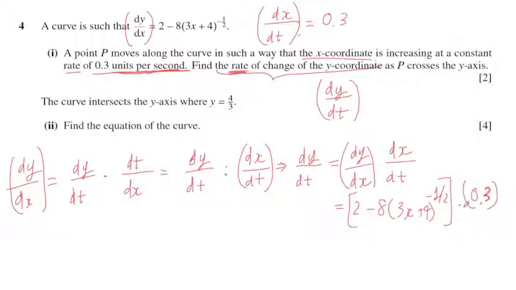Okay, so how can you calculate? When I have the specific number, the last one I want to calculate is dy divided by dx. Now how can you calculate dy divided by dx?